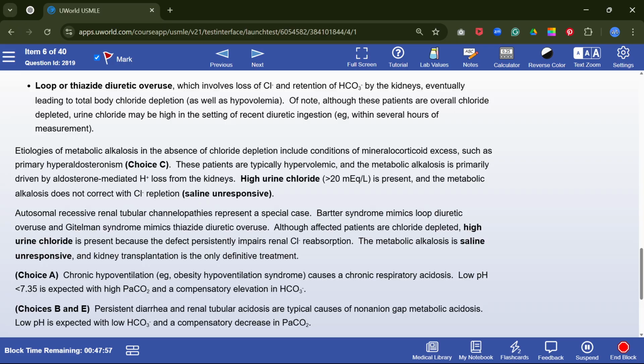Autosomal recessive renal tubular channelopathies represent a special case. Bartter syndrome mimics loop diuretic overuse, and Gitelman mimics thiazide diuretic overuse.